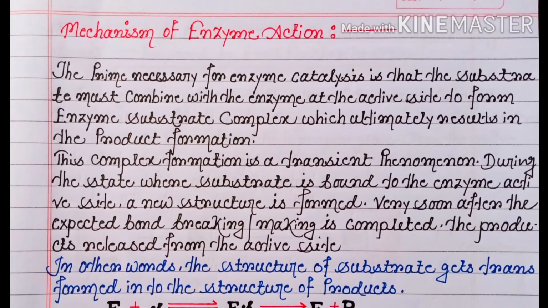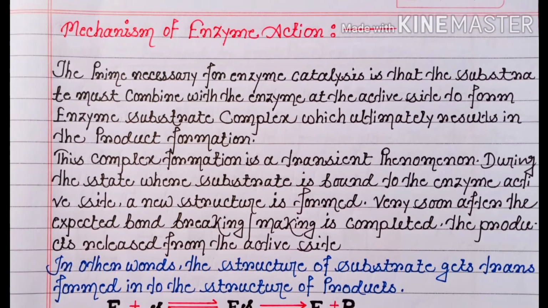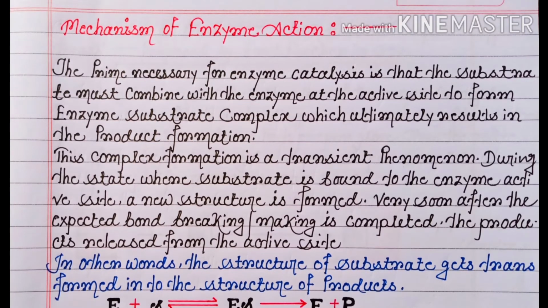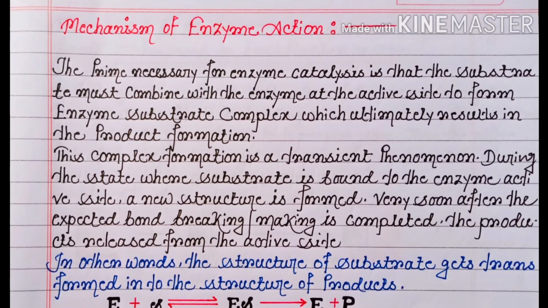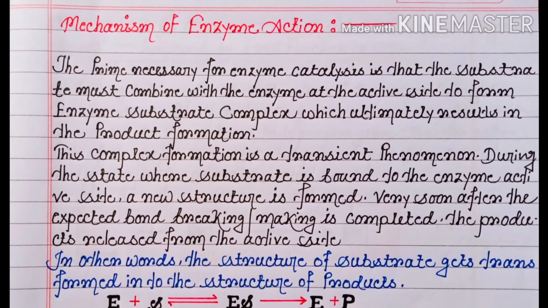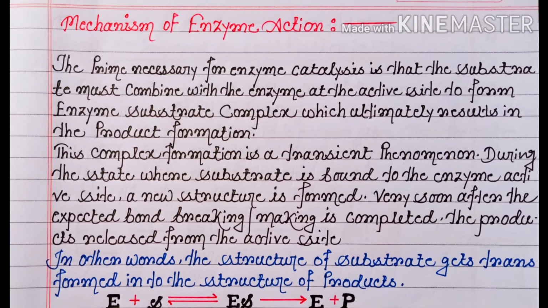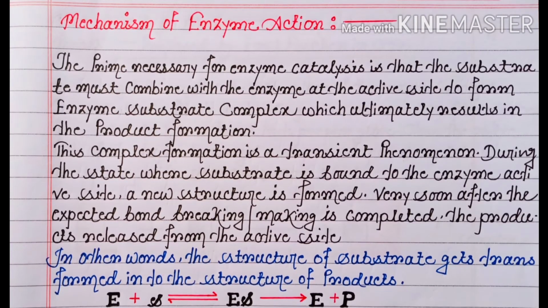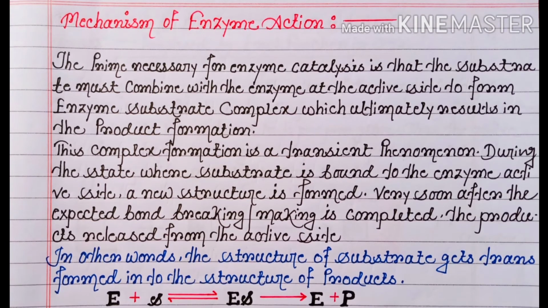Very soon after the expected bond breaking or making is completed, the products are released from the active site. In other words, the structure of the substrate gets transformed into the structure of the product.